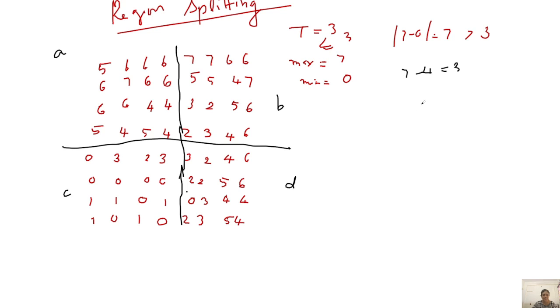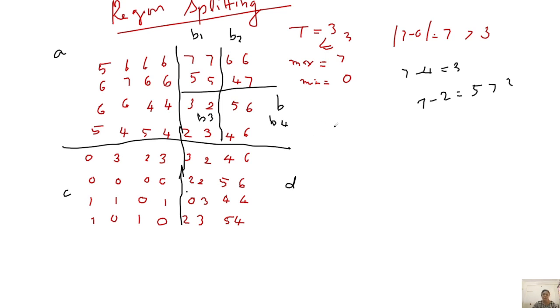Again it is 7. What is the minimum pixel? It is 2, right? So the difference is 5, which is again greater than 3. Then what do I have to do? Again I have to split the region. So I'm going to name these B1, B2, B3 and B4.